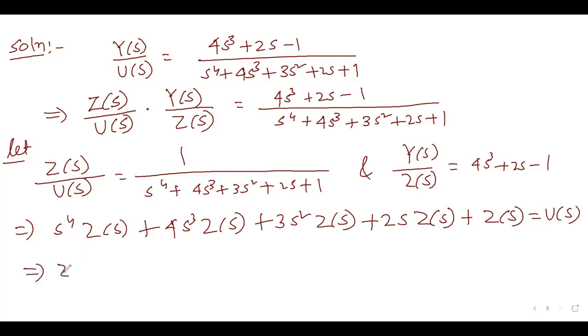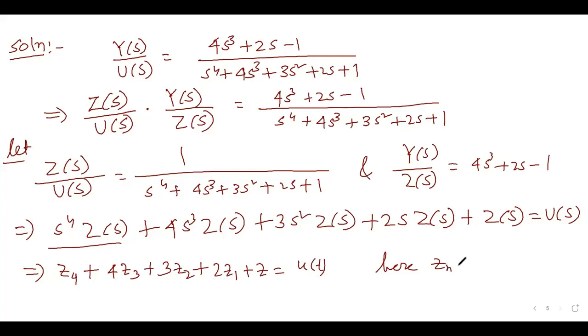It will be the fourth derivative of z, plus 4 times the third derivative, plus 3 times the second derivative, plus 2 times the first derivative, plus z, is equal to u(t). Here z^(n) signifies the nth derivative of z.